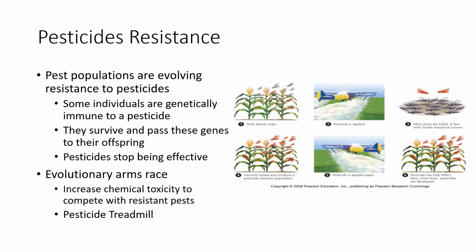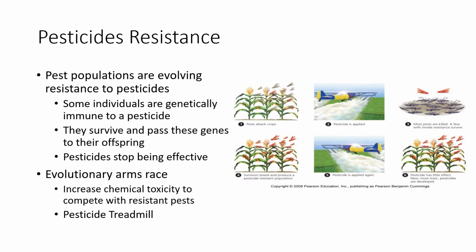but pesticides also can become resistant. I'm sorry, pests can become resistant to the pesticide, and so pest populations evolve. You have the individuals who are really genetically immune or not as prone to really being affected by the pesticide because there's genetic diversity, and those individuals will actually survive and pass on their genes, right?